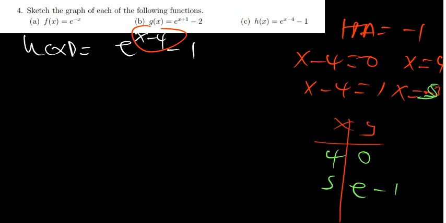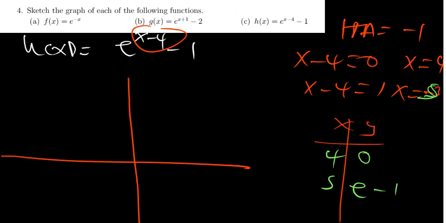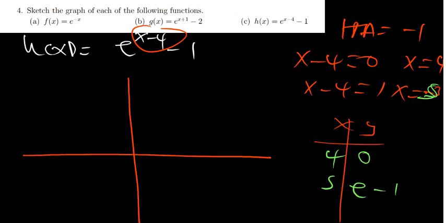So now let's have our graph. On the x-axis I have got two things, 5 and 4. Let's start with 4 and 5. Remember, our horizontal asymptote is at -1. So here is going to be my -1.